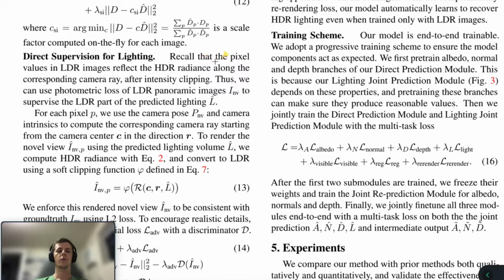Since they have the ground truth albedo, normal, and depth, they can render novel views of the scene and compare that to the rendering using their lighting prediction. Here you have the pixel P, the camera pose, and the camera intrinsics, and then you can trace the ray starting from the camera in this direction R. To render the novel view using their prediction, you use the equations shown above in the paper, and you get a render of the scene using the predicted light.